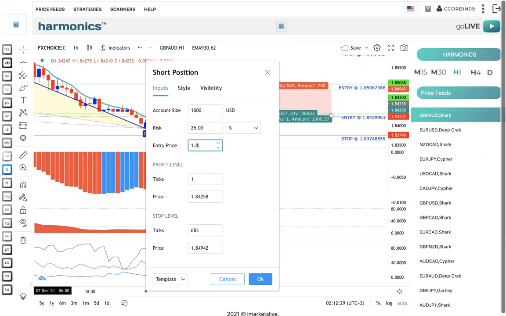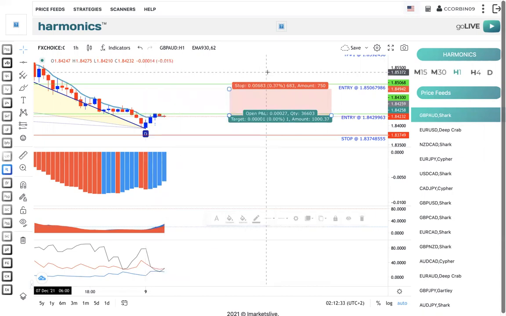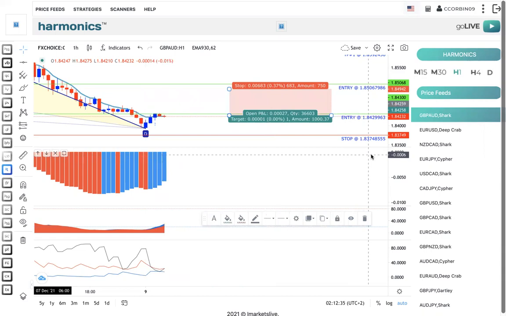Why does it keep changing? Probably because I'm not on the right pair. I'm trying to think. This is a sell. It'll be 1.67555. SL, GBP CAD.